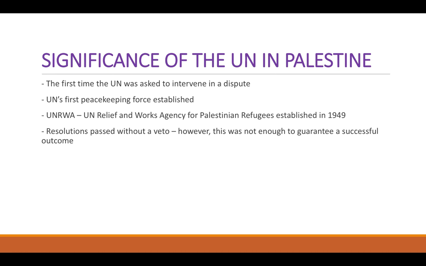deployment to the region. The UN Relief and Works Agency for Palestinian Refugees was established in 1949 to help those refugees who lost their homes and could not return back, and they needed humanitarian help. Then the UN passed resolutions without a veto.